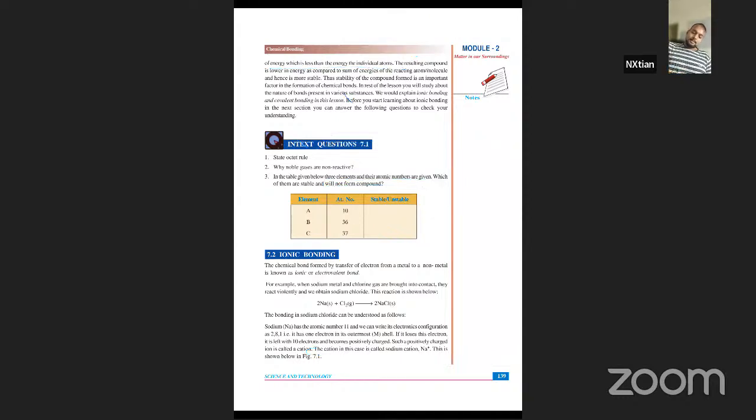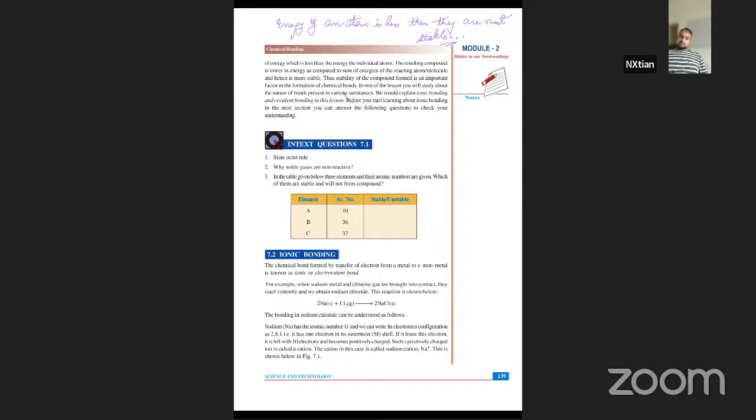You can understand it like this: if the energy of an atom is less, then they are most stable. If they have less energy, then they will have good stability. So why do they combine? So that they will have less energy, and when they have less energy, they will be in the most stable state. Understood, guys?